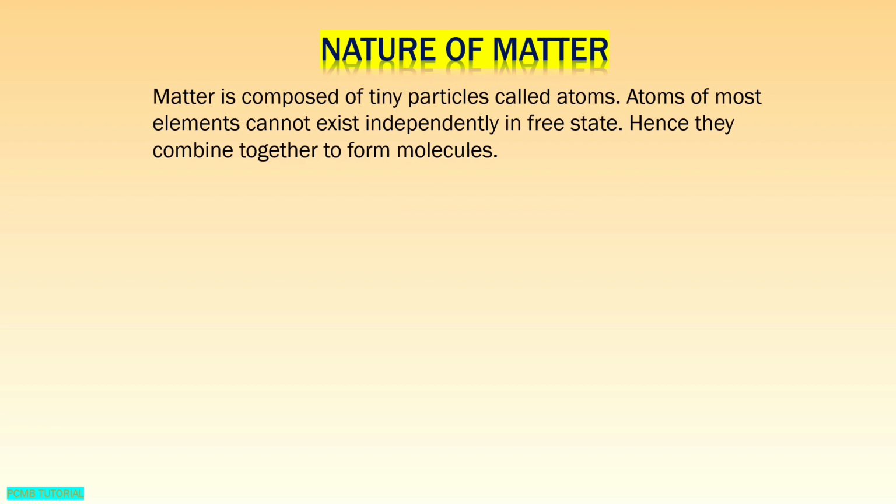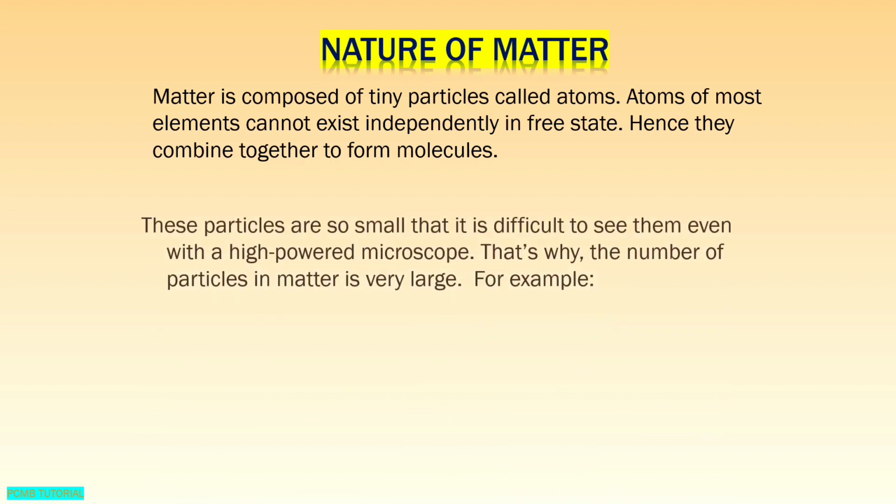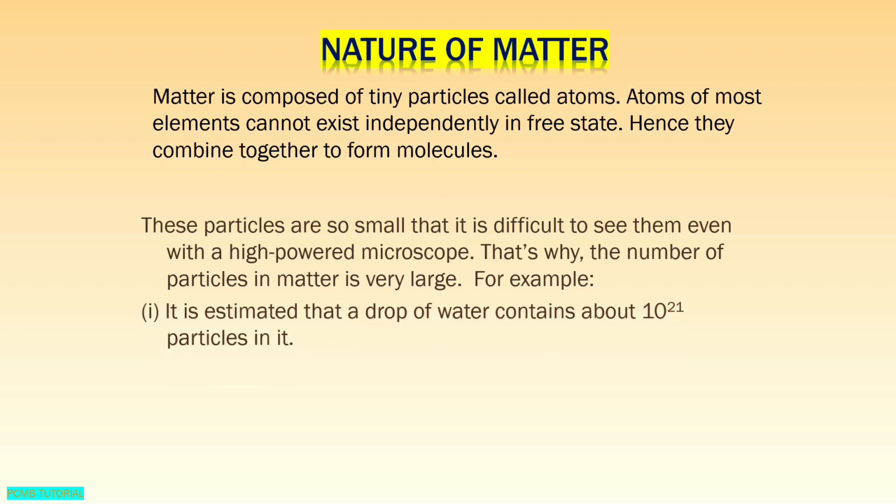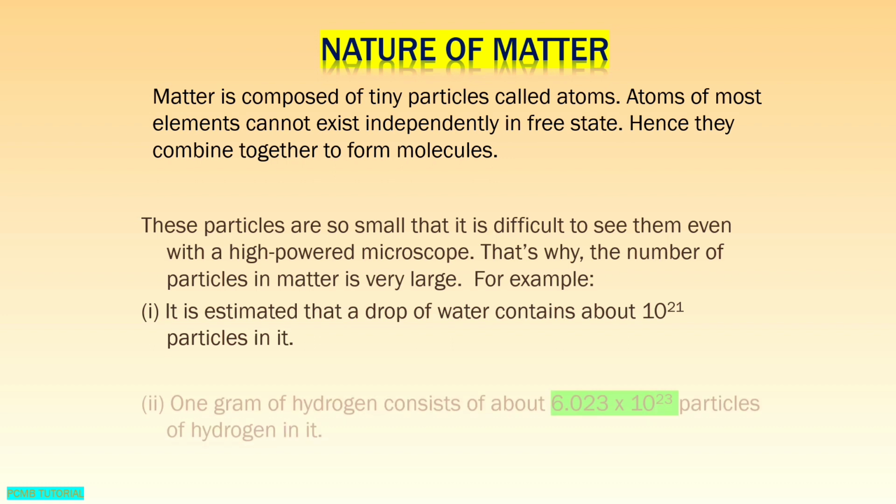These atoms do not exist in free state. Hence they combine to form molecules to exist independently in nature. So these atoms and molecules are the particles of matter. These particles are so small that it is difficult to see them even with a high-powered microscope. So by applying our common sense, we can guess that there are millions of such particles in matter.